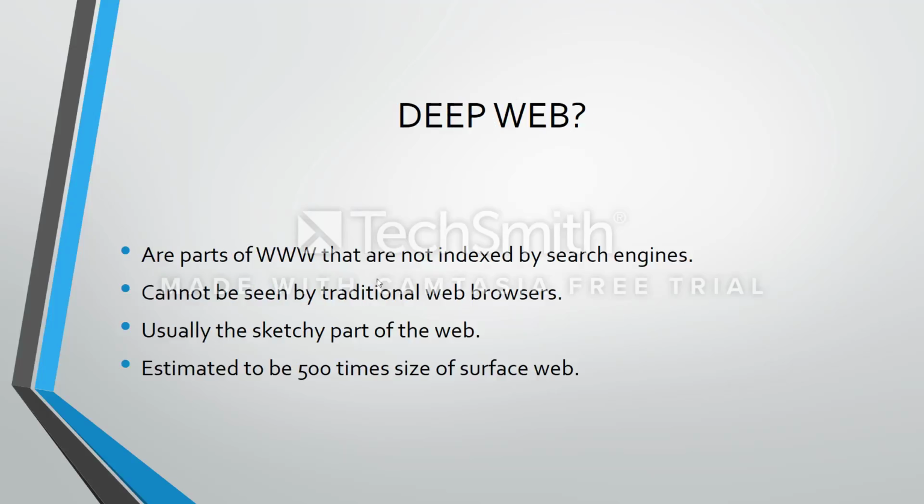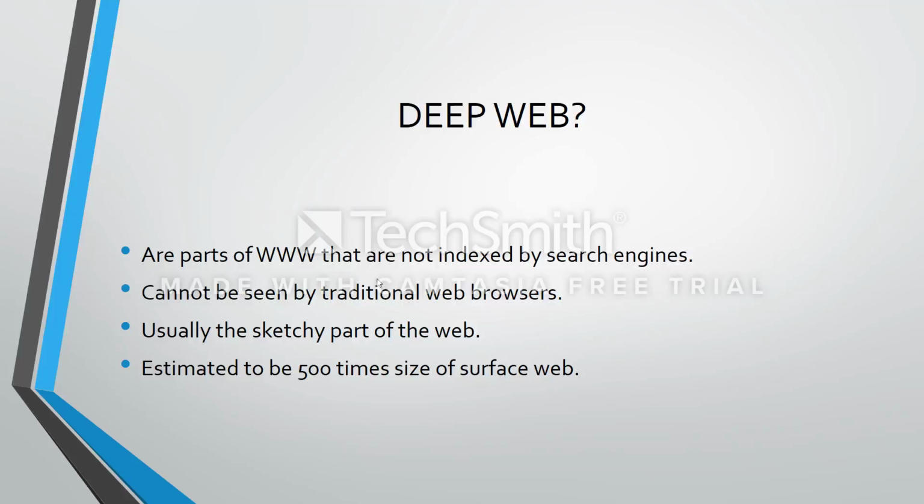But what is the deep web? It is the exact opposite of the surface web. It is the parts of the World Wide Web that are not indexed by regular browsers and search engines. They cannot be tracked by traditional web browsers. Usually, it's the sketchy part of the web, where you're definitely going to get caught if you go in there without any security measures.